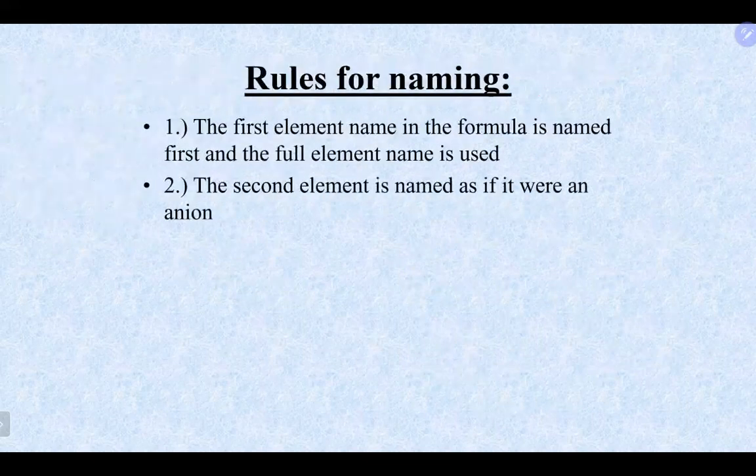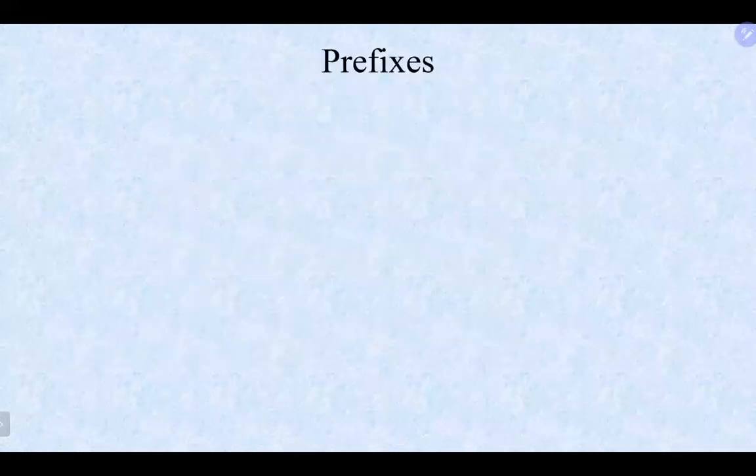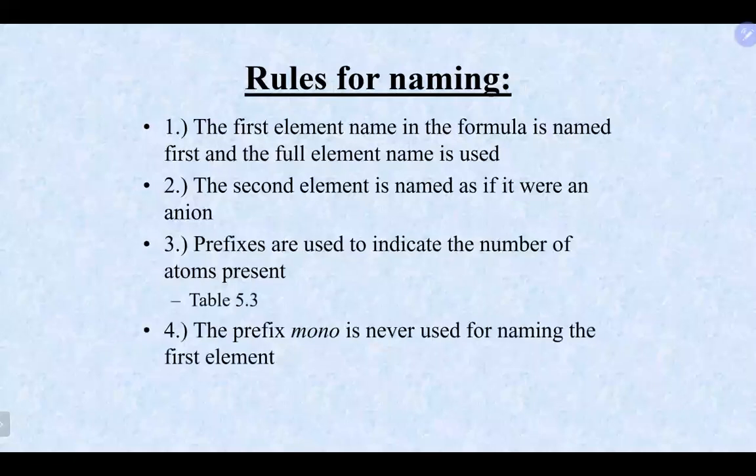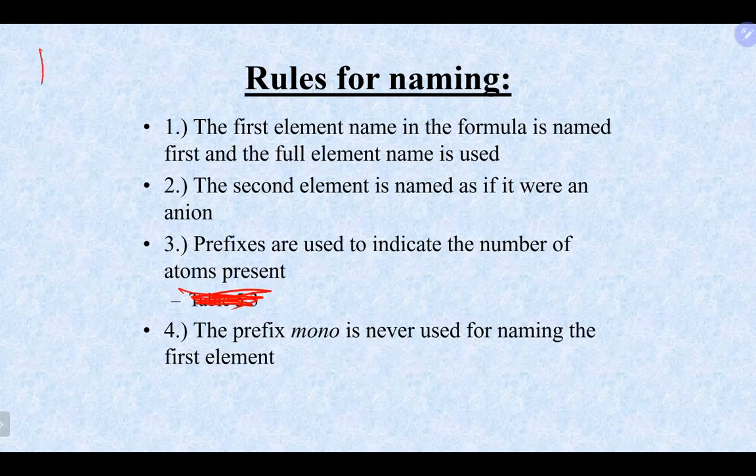So as I mentioned, they only contain nonmetals. And here's basically the rule. We prefix the first name and use the whole name of the element, if it needs a prefix.